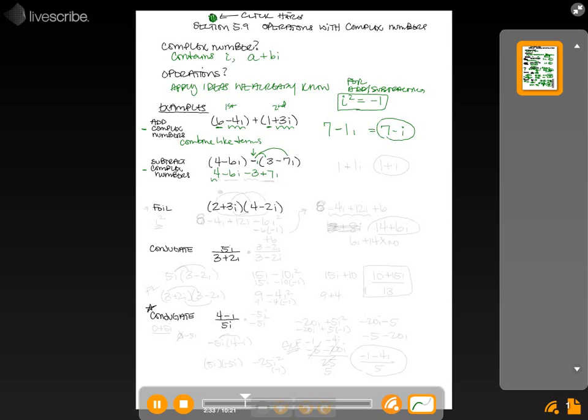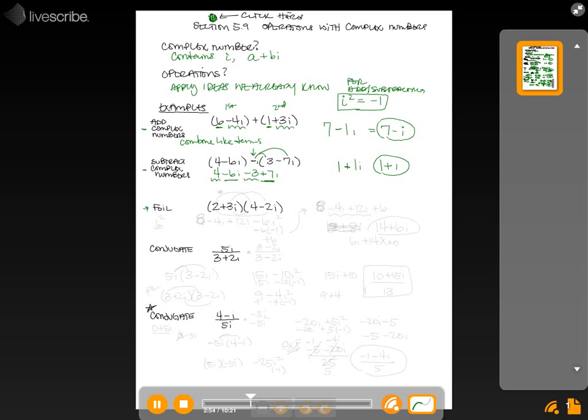Now we combine like terms. 4 minus 3 is 1. -6i plus 7i is going to be plus 1i. We don't need to put the 1 in front of the i, so we have 1 plus i. There would be our answer to the problem. Again, nothing we haven't done before.